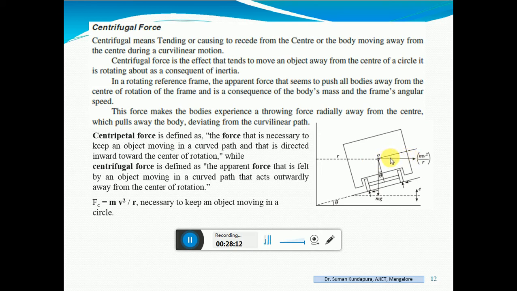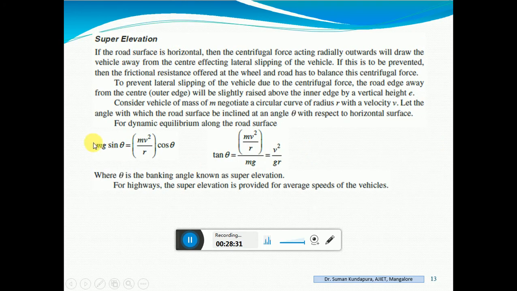In the same way, this is the angle theta made by the mv squared by r force, that is the Fc force. So its component will be cos theta towards the positive x-axis. So it is plus mv squared by r cos theta. So this expression, minus mg sin theta plus mv squared by r cos theta, is equal to 0, the dynamic equilibrium condition.